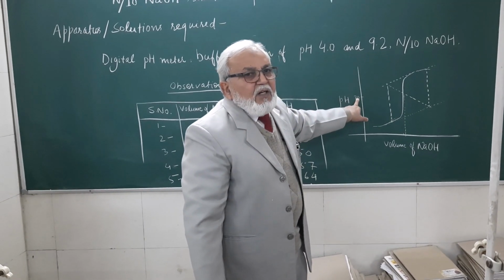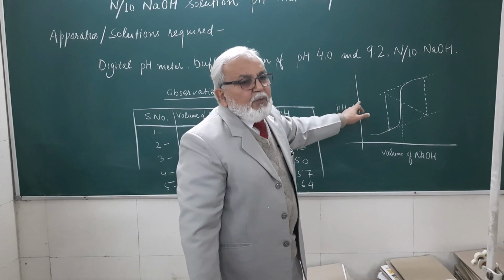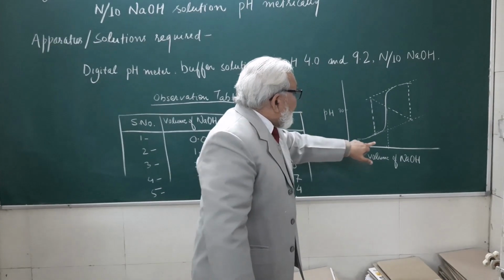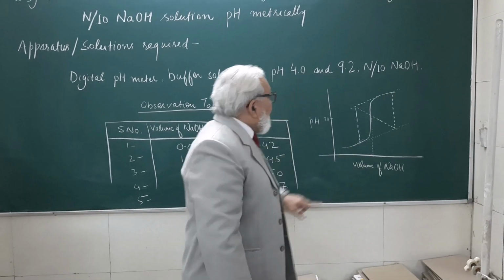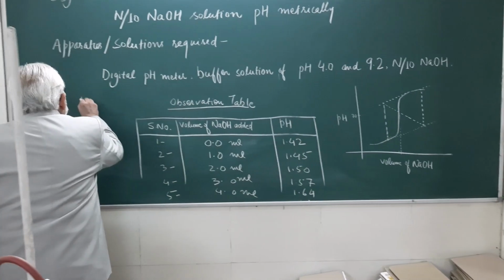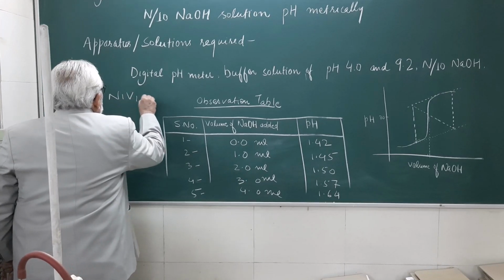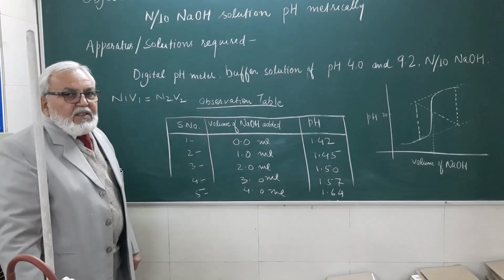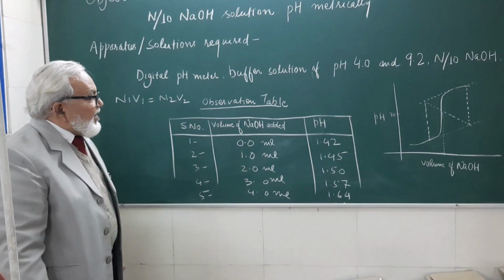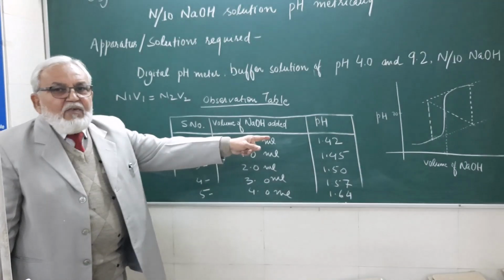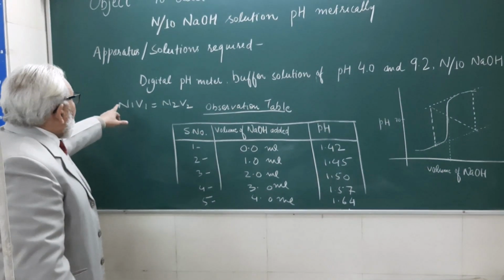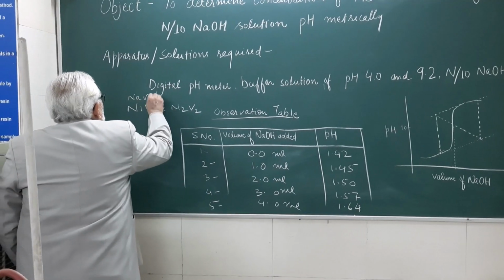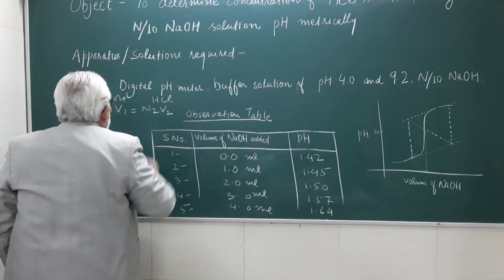It may be 7 or 6.8 to 7.12, etc. So the volume is determined at the equivalence point, and using the equation N1V1 equals N2V2, we make the calculation. Here N1 and V1 are for the NaOH solution and N2 and V2 for the HCl solution.